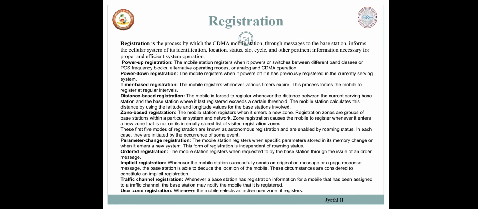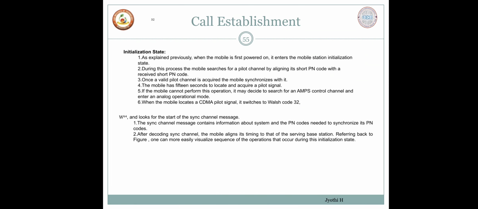Traffic channel registration: whenever the base station has registration information for a mobile that has been assigned to a traffic channel, it may notify the mobile that it is registered. User zone registration: whenever the mobile selects an active user zone, it registers.